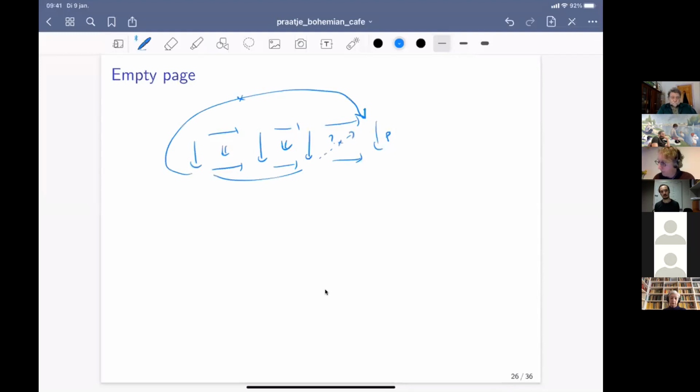I can first use that this thing here is a mold square and push this arrow over here forwards to a map over here. Then I have a similar lifting problem here, and I can again obtain a map like this by pushing this one over here forward. You understand what I mean? Then the natural condition is that these two maps that I get from here to there should actually coincide.